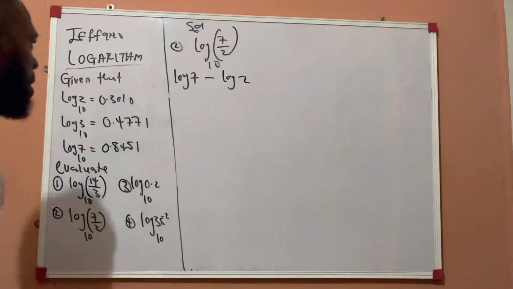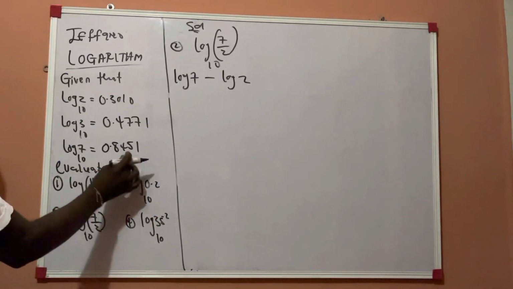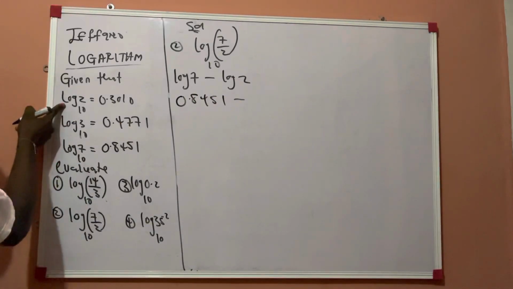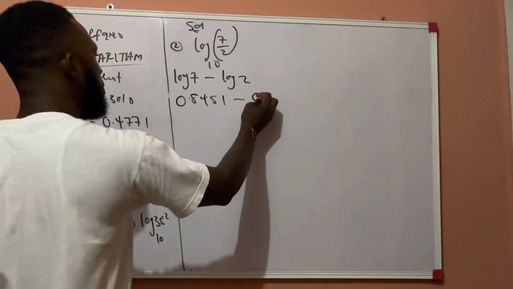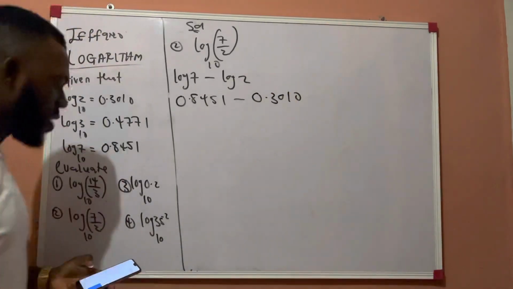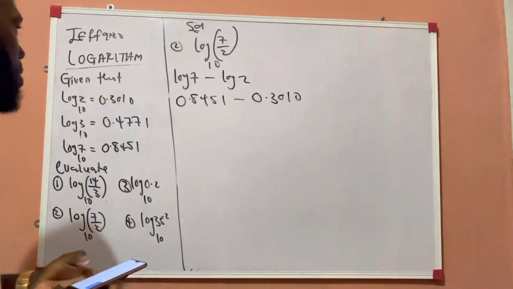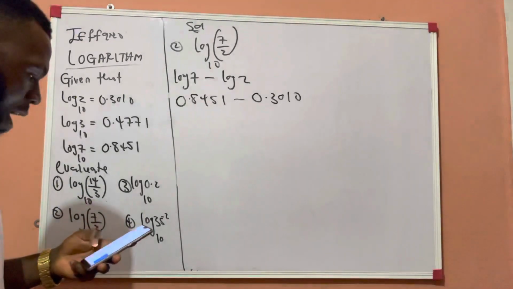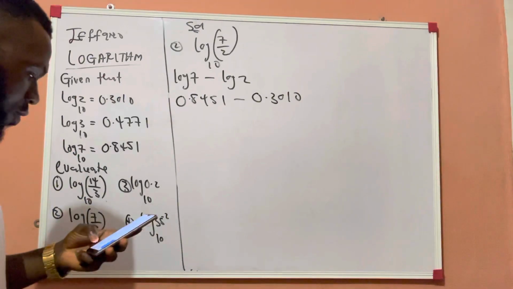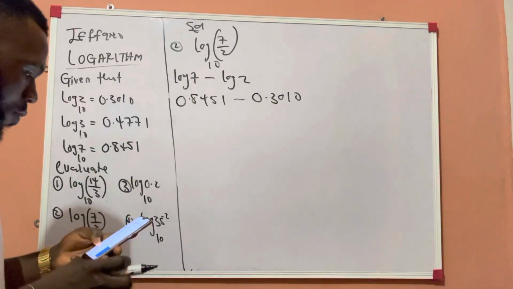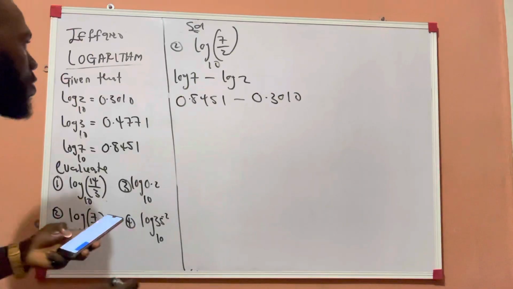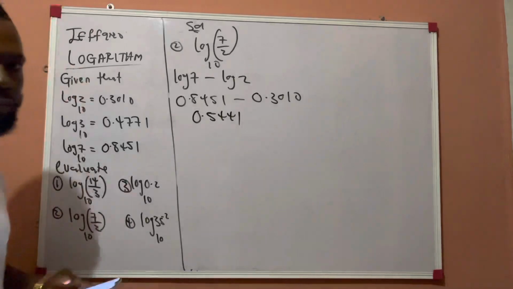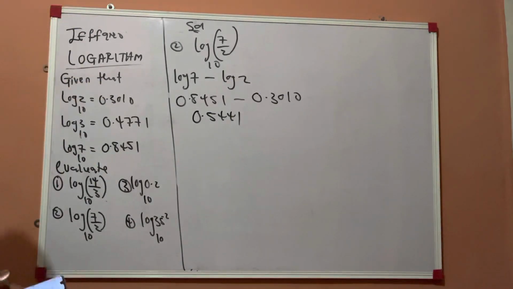This is easier because log 7 was given in the question. Log 7 was 0.8451 minus, and log 2 was 0.3010. When we subtract 0.8451 minus 0.3010, we are going to get 0.5441. That is the answer to question number 2.